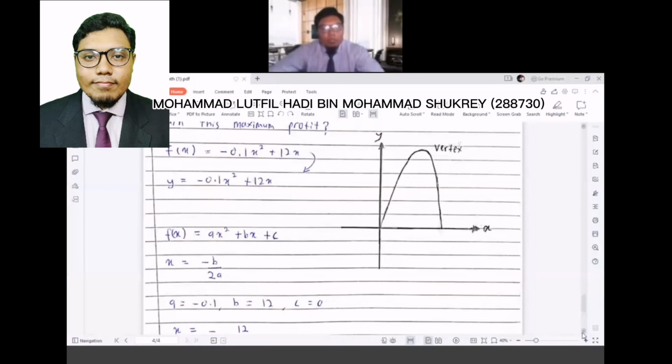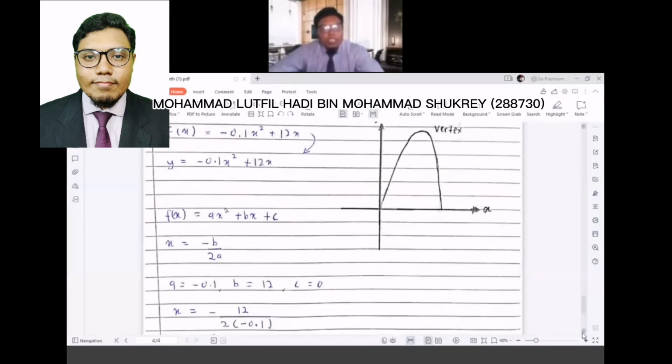If we want to find the value of x, we can use the formula negative b over 2a. And if we want to find the value of y, we can just substitute the x value into the equation. Next, I will pass to Lokman to solve this question.